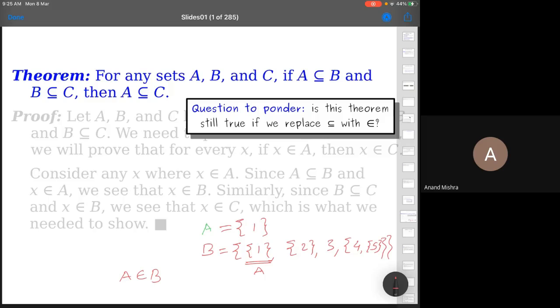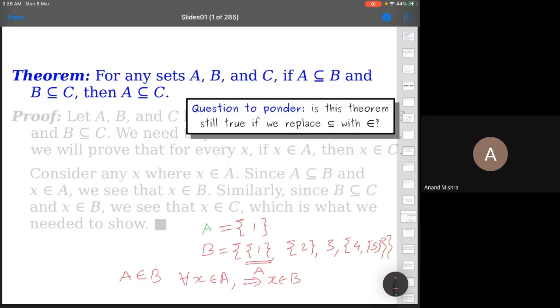Right, A is also a member, but the question was set A is a subset of B. Is that true? What does it mean for set A to be a subset of B? All elements of A, for any x you take, for all x belonging to A, x should also belong to B. Right?